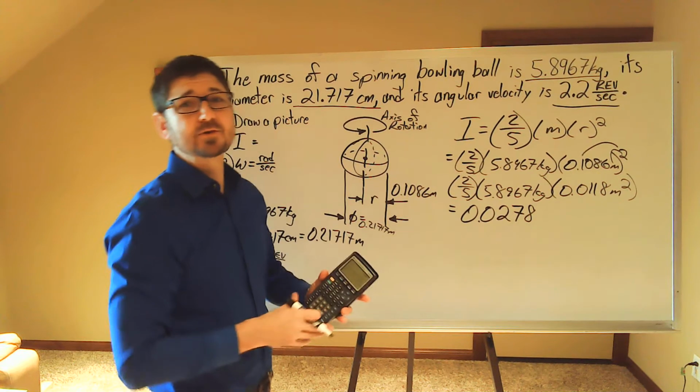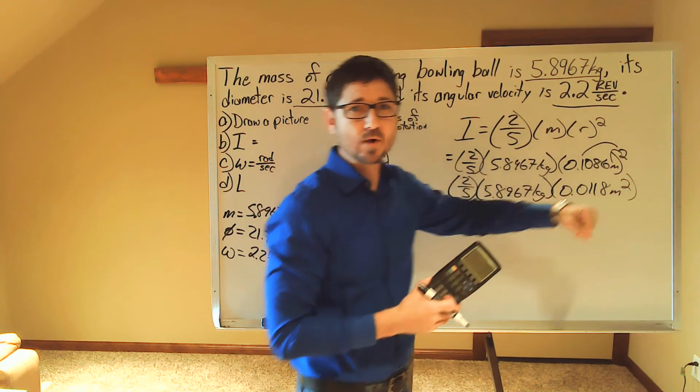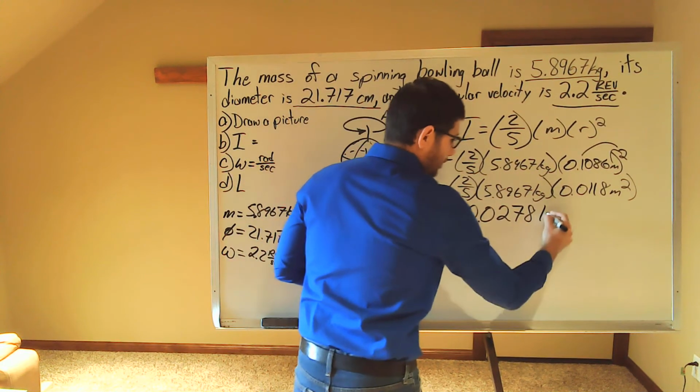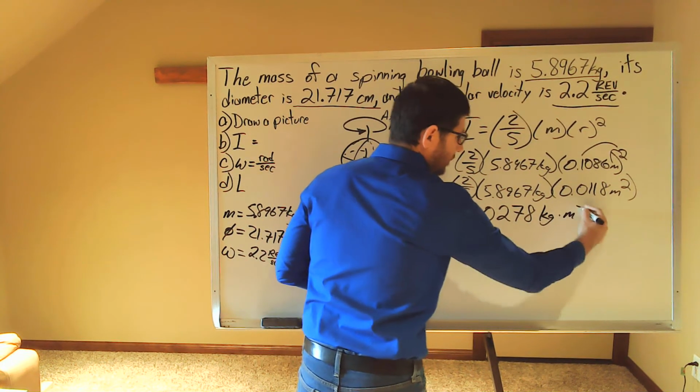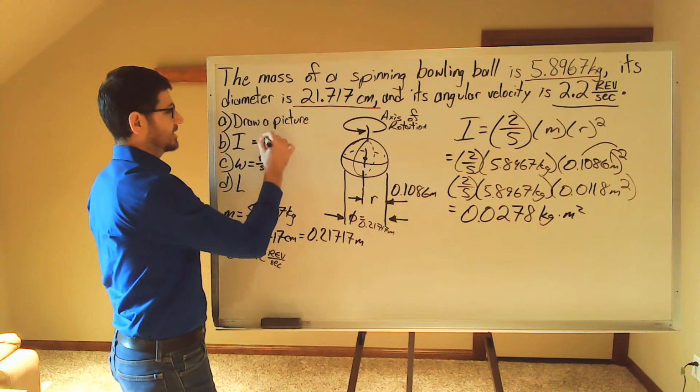Let's take a look at our units now. I have kilograms times meters squared. So we know moment of inertia, our units are kilogram meters squared. So for part B, I'm just going to write the answer here.